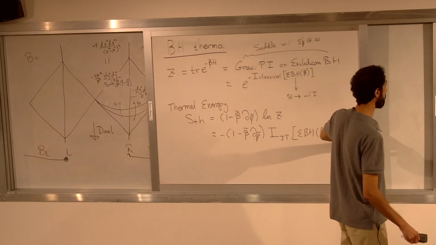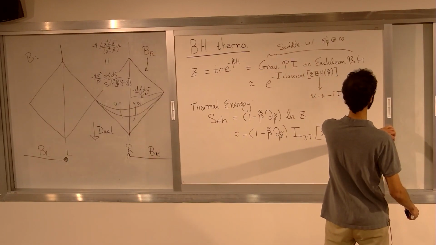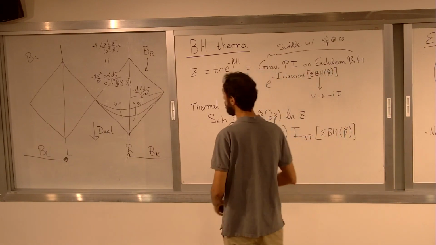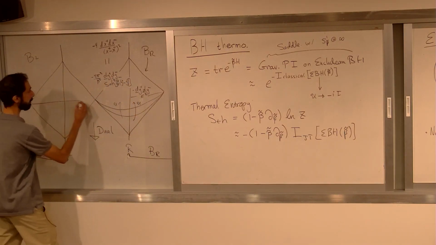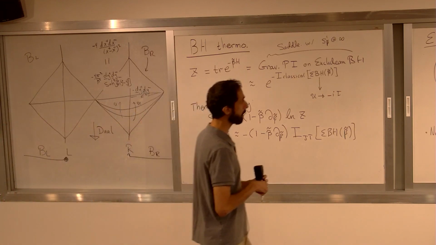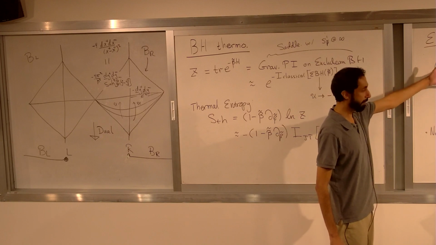Here's a picture of the Euclidean black hole. It's what you get by slicing this spacetime in half over here and continuing to Euclidean time. This is the famous cigar geometry.